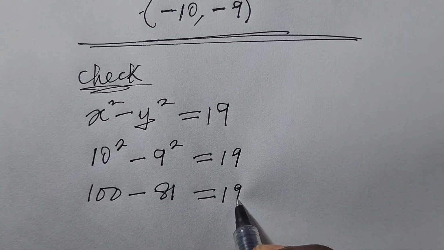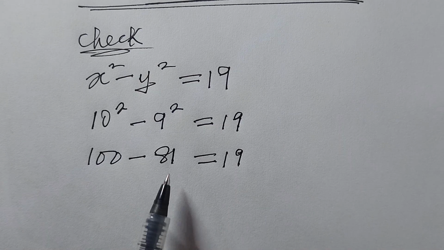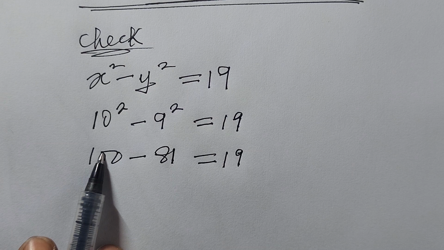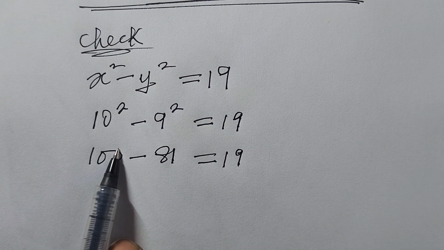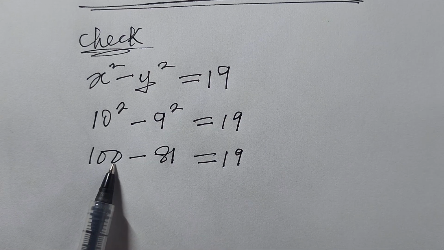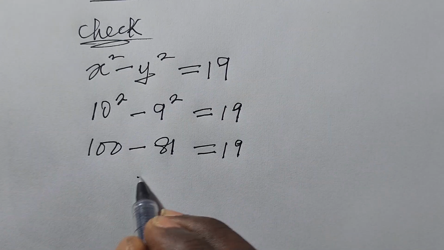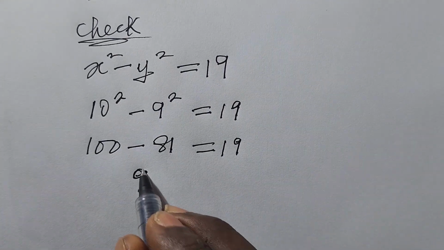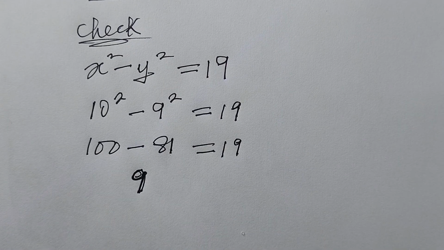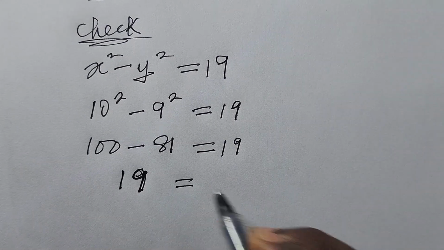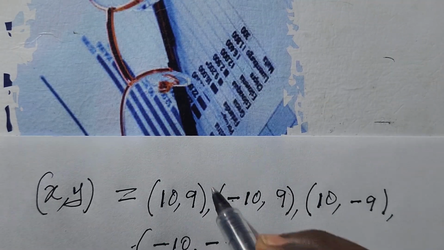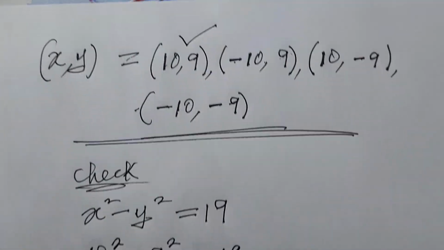If we subtract, 1 from 0 cannot, so we borrow 1 to give us 10, leaving 9. So 10 minus 1 gives us 9, and 8 from 9 gives us 1. So we get 19, equal to 19. This shows that the first pair satisfies the original equation.